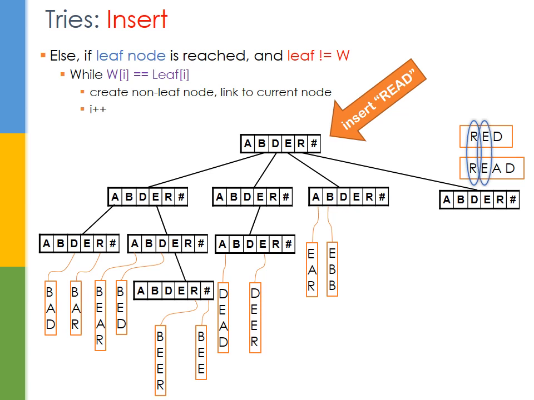However, the second character for read and read also matches. So RE is not enough. We can't just associate RE with read as well as read. So we need another separator. Therefore, we are going to add another node on the third level. Once again, keep matching. D and A, here they do not actually match. That is good news. This means that we have gone deep enough.